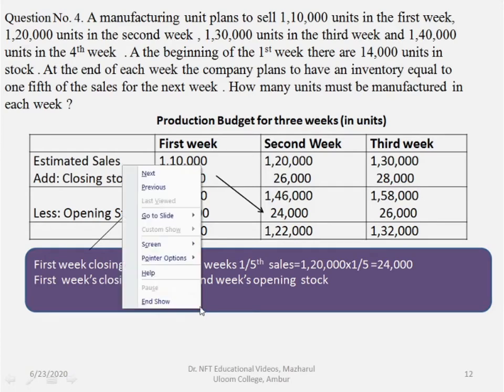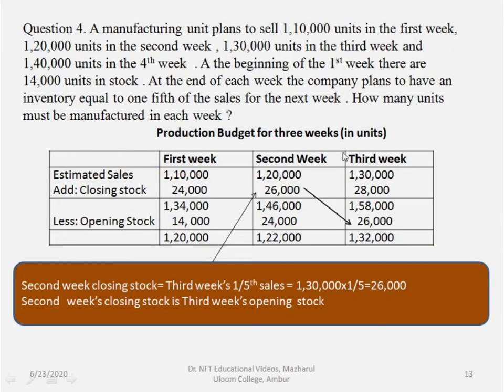Similarly, we will calculate for the second week. In case of the second week, 1,20,000 is the sales as already seen, and relating to the closing stock, as mentioned, the company plans to have inventory of 1/5 of sales for the next week, that is, third week's 1/5 sales.